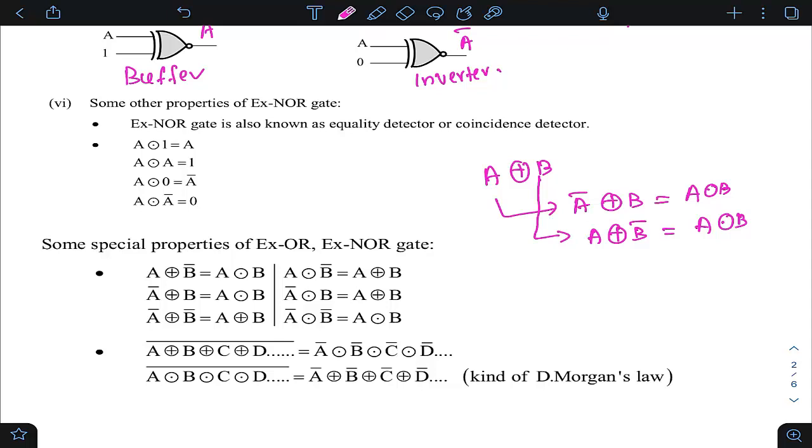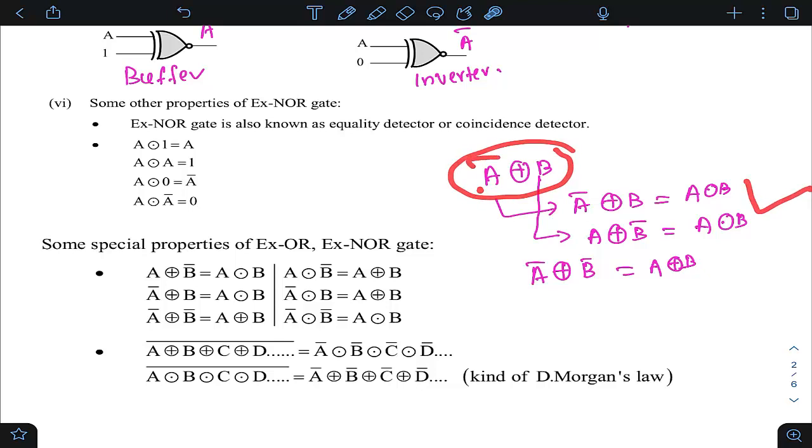In other words, you replace A with A bar, and you replace B with B bar. So this answer will be again A XOR B. So whenever in the XOR gate one of the variables is complemented, it is equivalent to XNOR. When both variables are complemented, it is equivalent to the same XOR only.